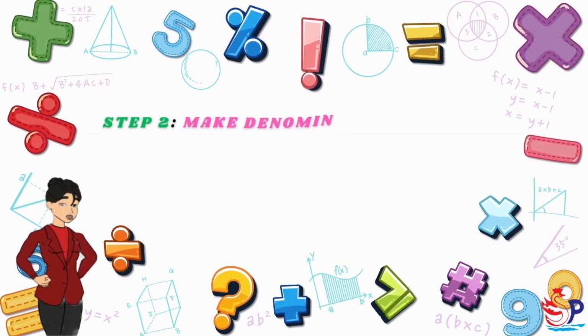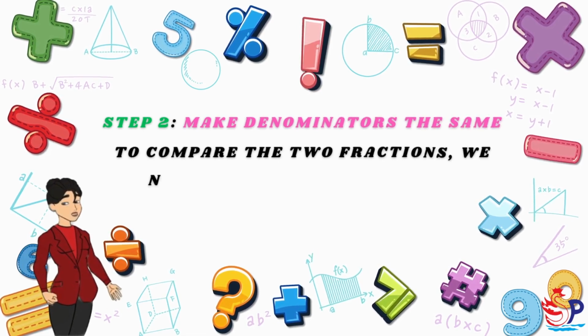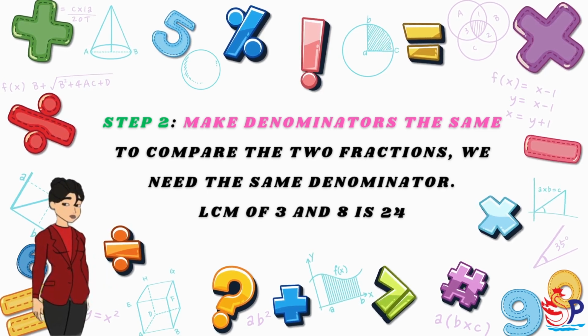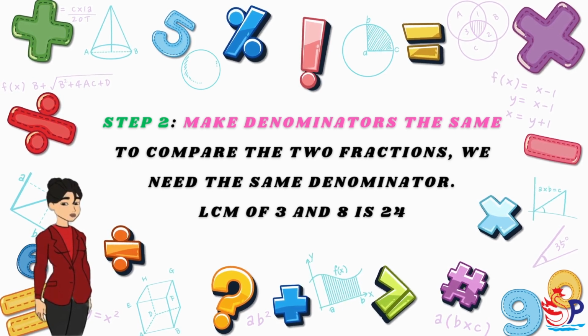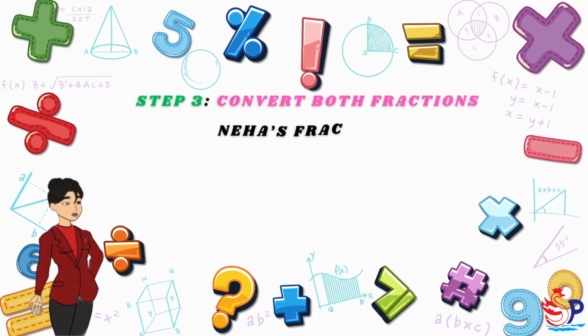Step 2. Make denominators the same. To compare the two fractions, we need the same denominator. LCM of 3 and 8 is 24. Step 3. Convert both fractions.